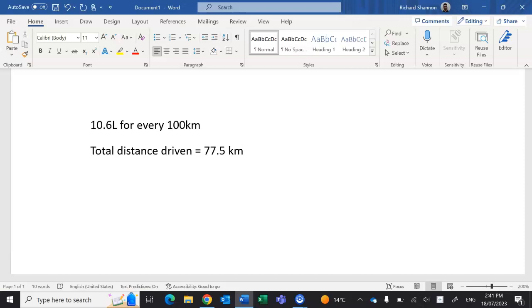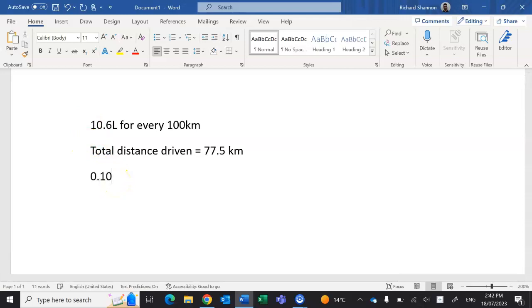You just add up the distance driven, and that's it. Now we need to figure out how many liters it actually uses to do that day's driving. So 10.6 for every 100 kilometers. If I want to find out how much it is for 1 kilometer, I divide this by 100.